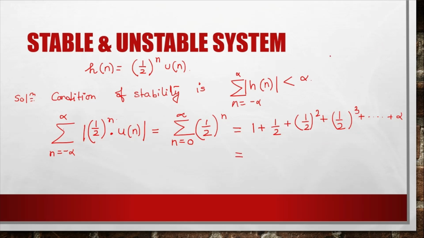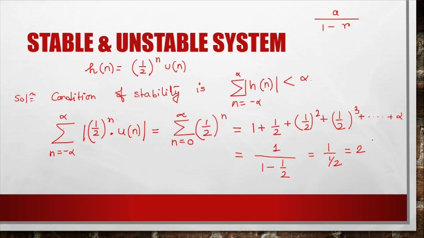The first term is 1 and the common ratio is half. If I take the first term as A and the common ratio as R, the formula of an infinite GP series becomes the first term by 1 minus common ratio, that is A by 1 minus R. So, as per this formula, it will be 1 by 1 minus half, which becomes 1 by half, that is, 2.